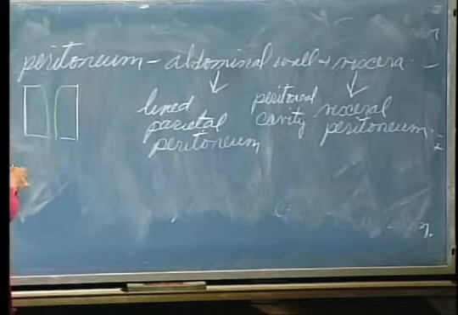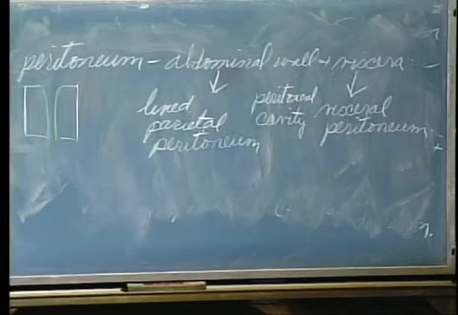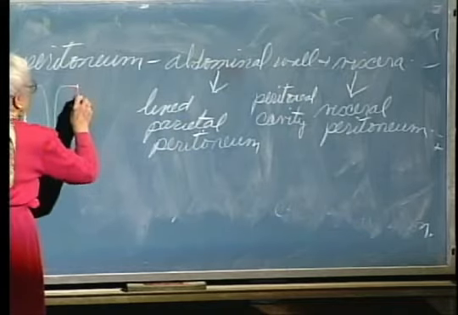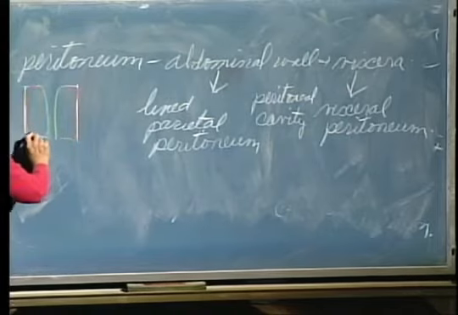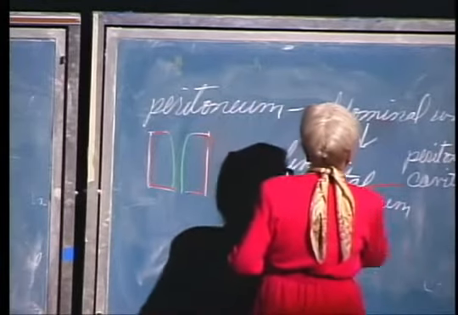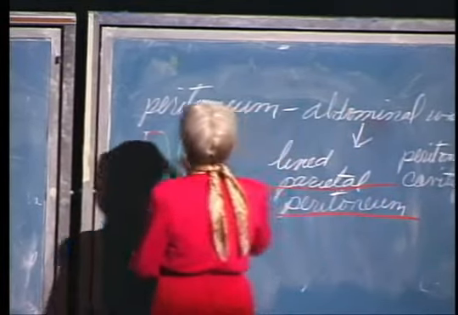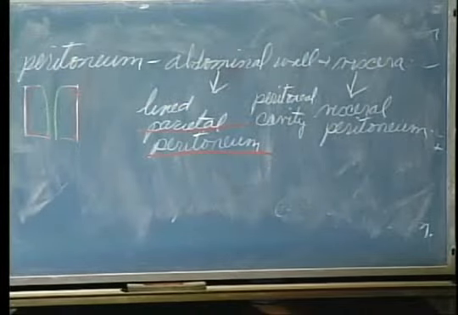And we'll find then that the parietal peritoneum, gotta get a different color chalk, would be lining the cavity. That's our parietal. And the visceral we'll just leave as green because that's lining the viscera.